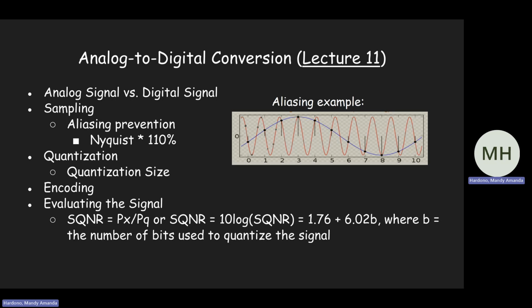So your SQNR in decibels is 10 log of PX over PQ, which is approximately equal to 1.76 plus 6.02 B, where B is the number of bits used to quantize the signal.